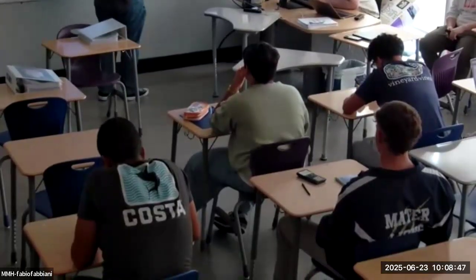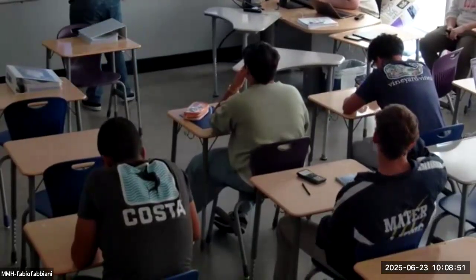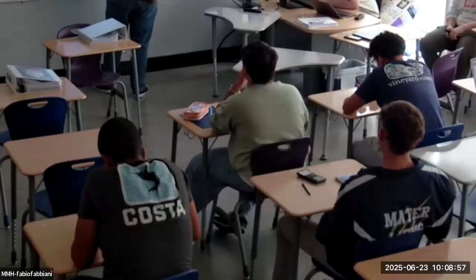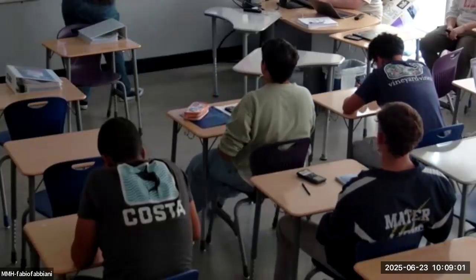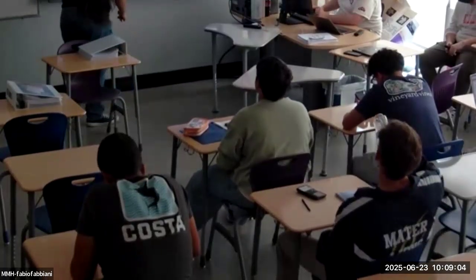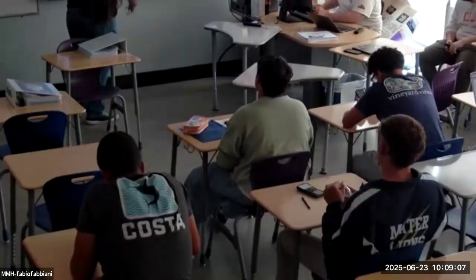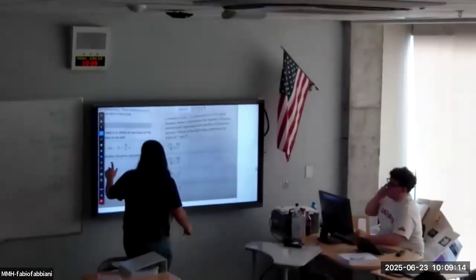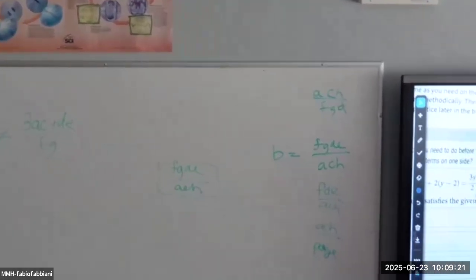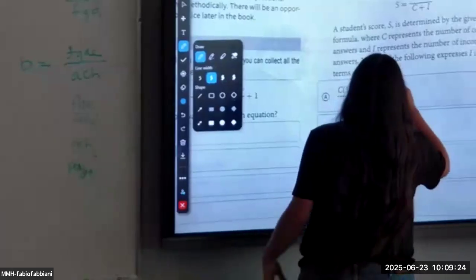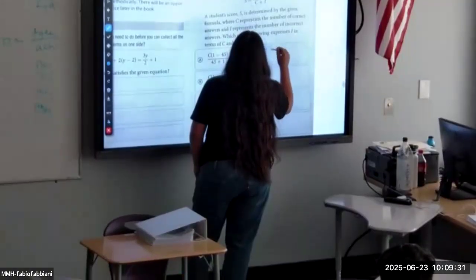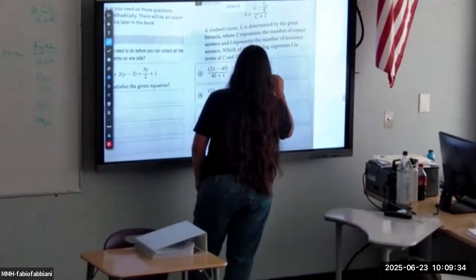So, I'm gonna first start with this equation that they give us. C minus 1/4 I over C plus I, right?